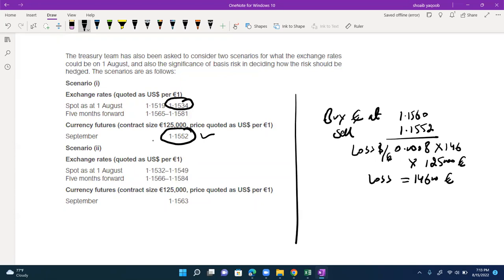Okay. On 1st August, you will do the transaction at 1.1534. You will actually buy 18.25 million euros into 1.1534.